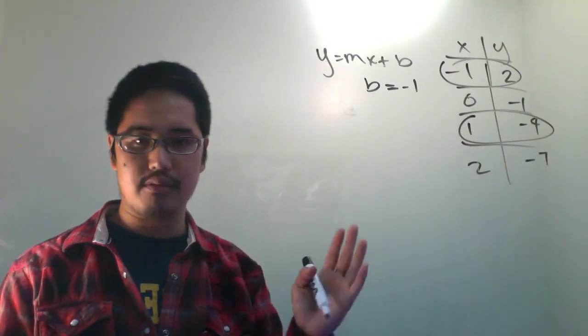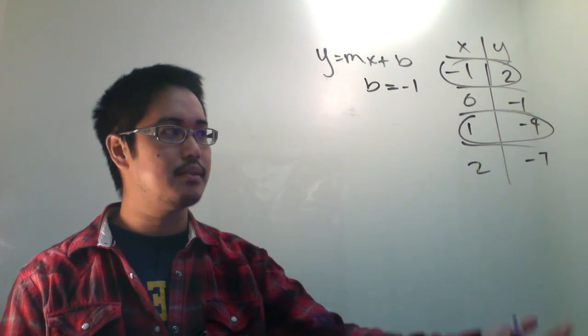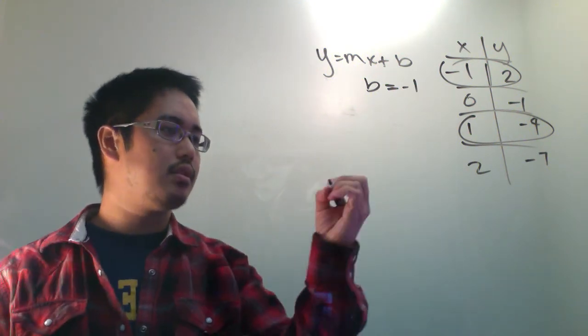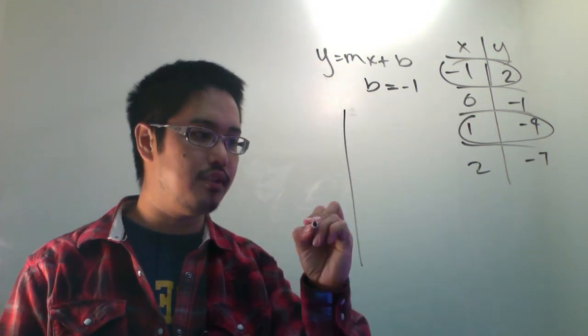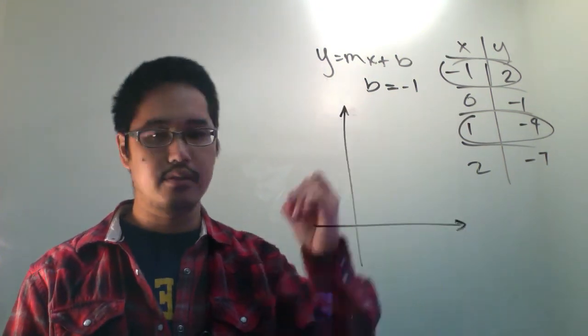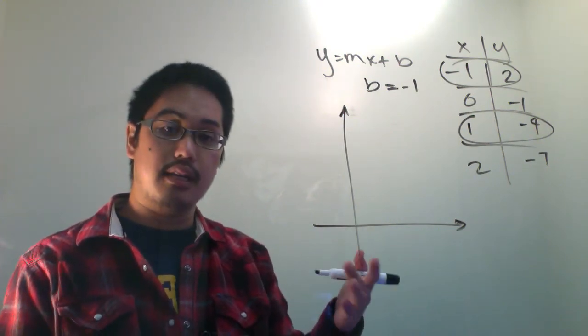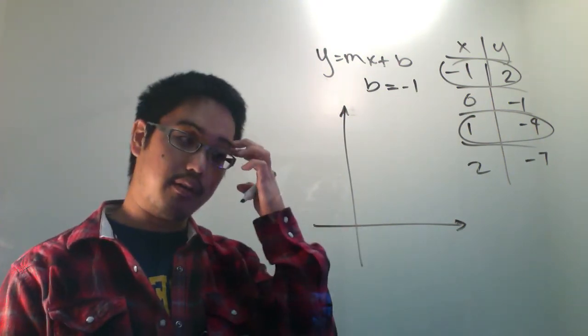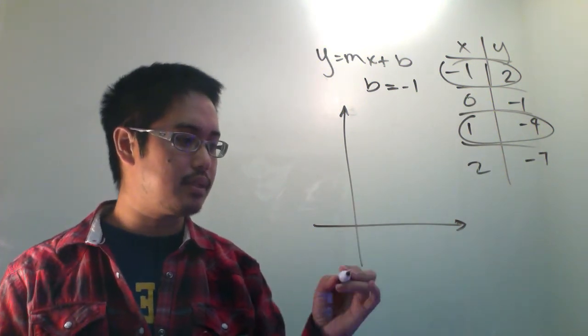It really doesn't matter as long as you choose 2 of them and you know that they're on the line. I think the best way to do it visually would be to graph it out. We'll start with that, and later on you won't have to graph it out. Sometimes I graph things out just to see a visual picture of what's going on.